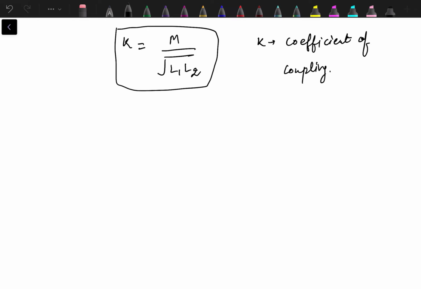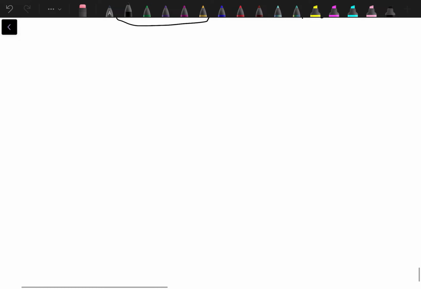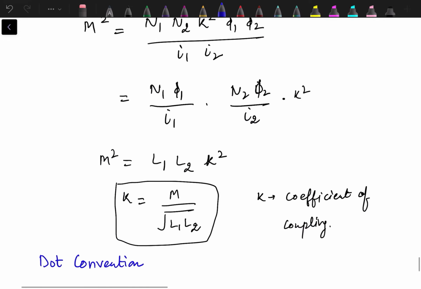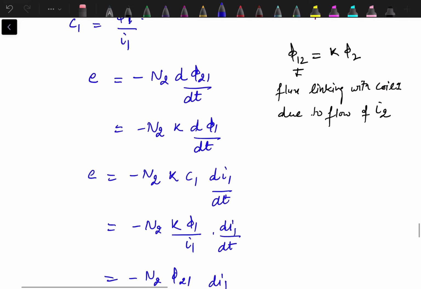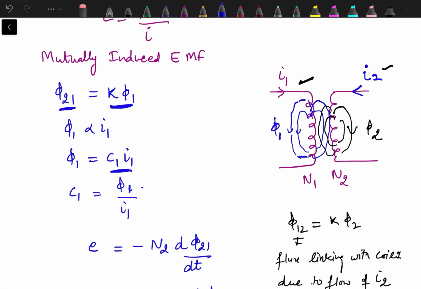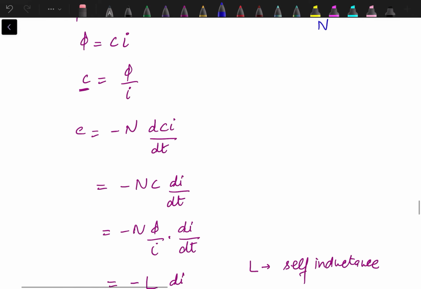Now before moving on to the calculation of equivalent inductance, we need to discuss the dot convention, which is used in mutually coupled circuits. We have seen that in the coil we have mutually induced EMF as well as self-induced EMF.